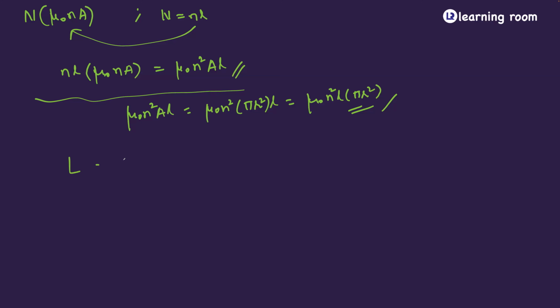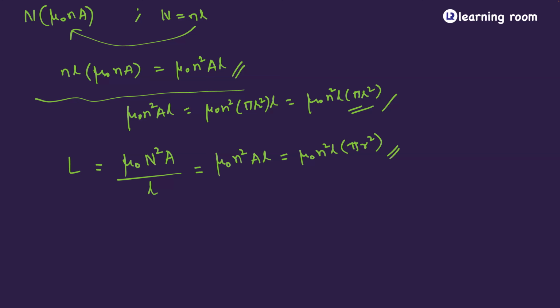Capital L will be equal to mu naught into capital N square A divided by L. This is the same as mu naught small n square A into L, which is the same as mu naught small n square L into pi r square. Right? So these are all the expressions.